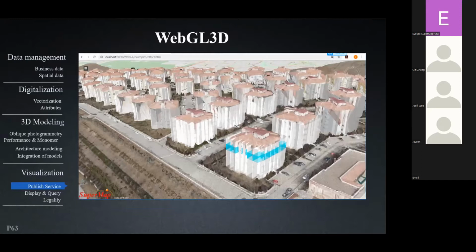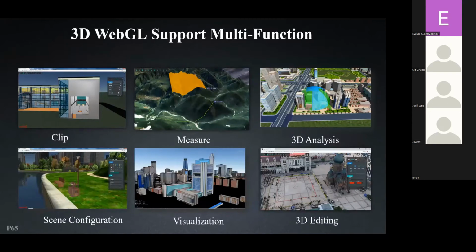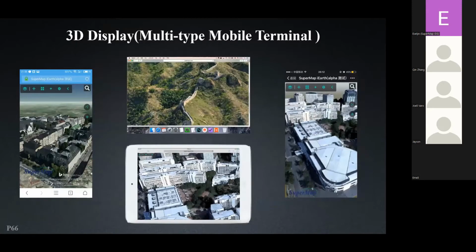And also the 3D WebGL supports multiple functions, just like clip, measure, 3D analysis, and 3D editing and others. And also the 3D scenes can be displayed on the mobile terminal, as well as the 3D analysis.